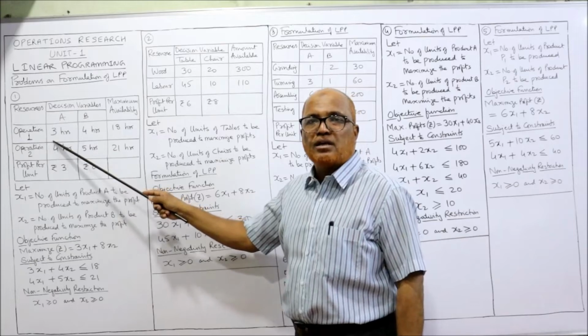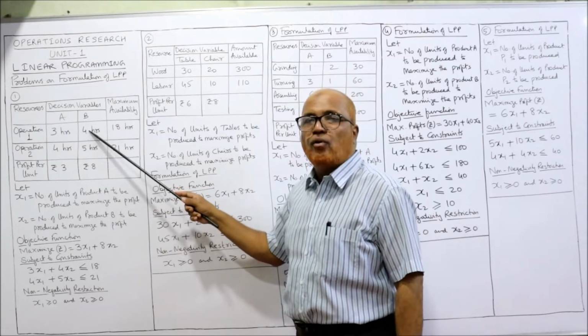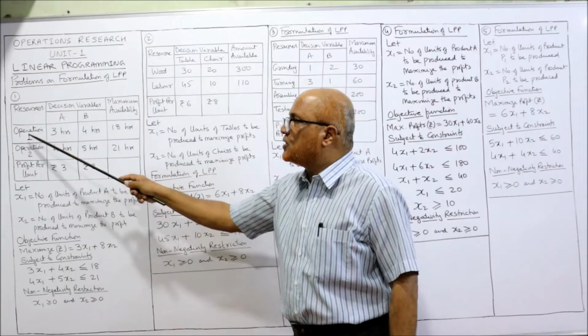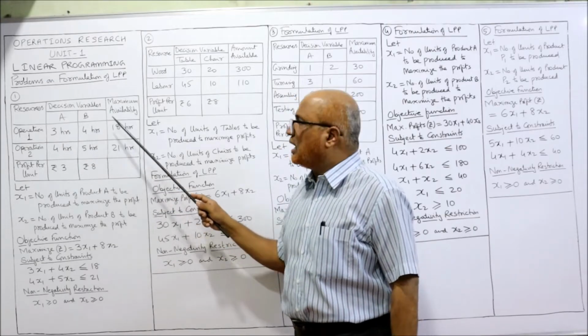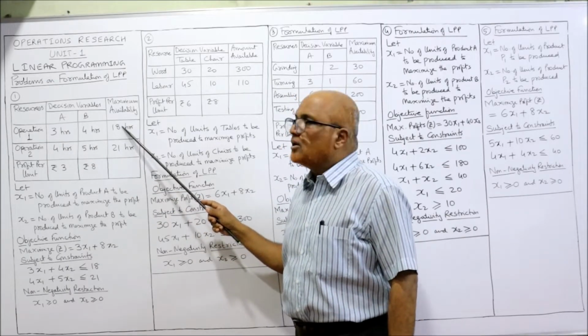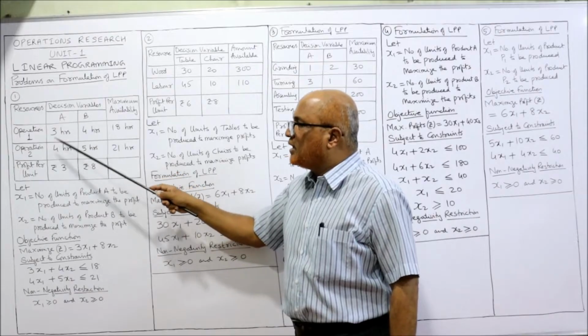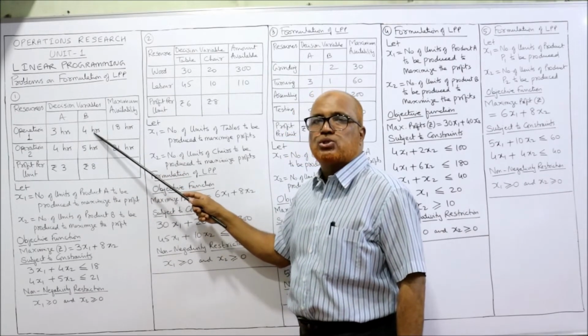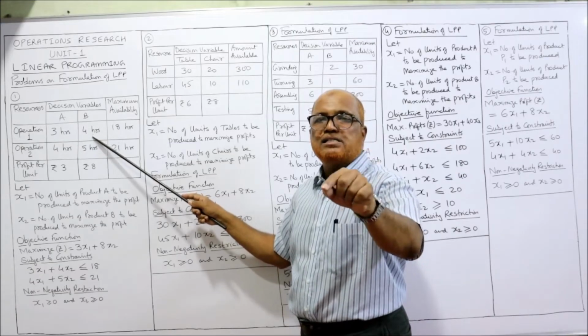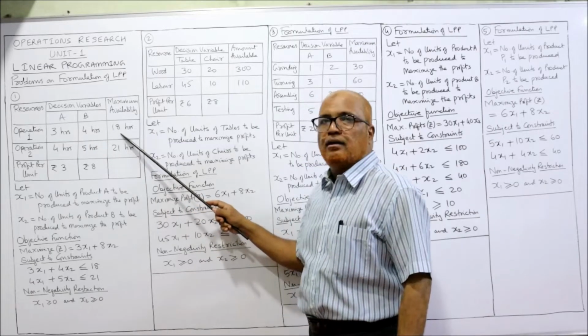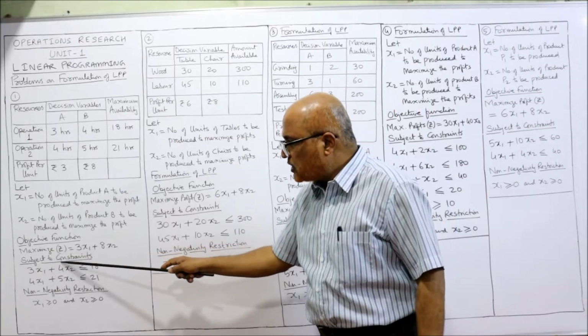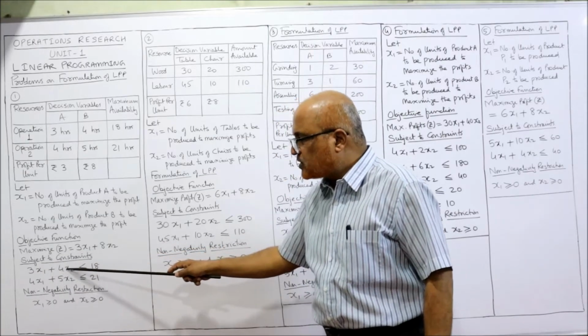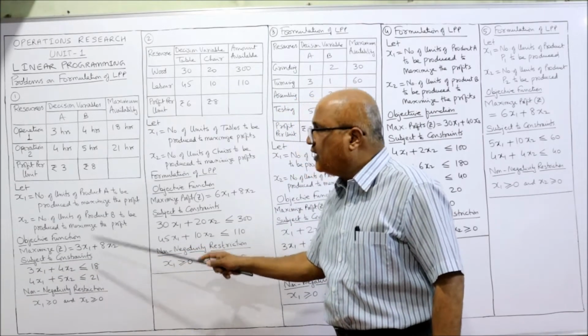So per unit 3 hours on A, per unit 4 hours on B for operation 1, and maximum time available is 18 hours. So how many units of A are we making? X1. So 3X1 plus 4X2 should be less than or equal to 18. So here you can see, subject to constraint, 3X1 plus 4X2 less than or equal to 18.